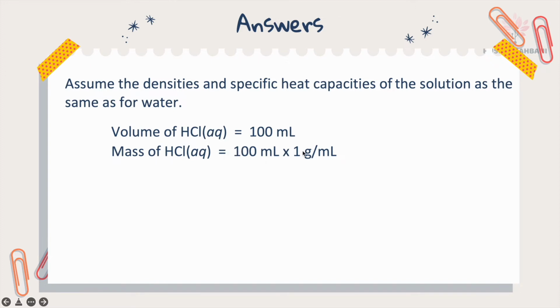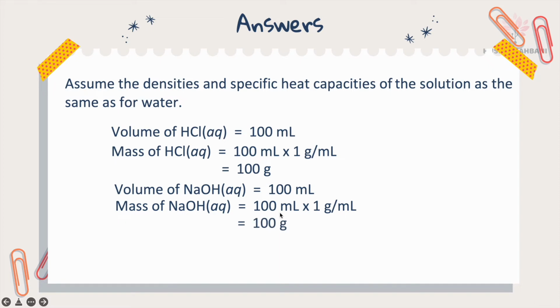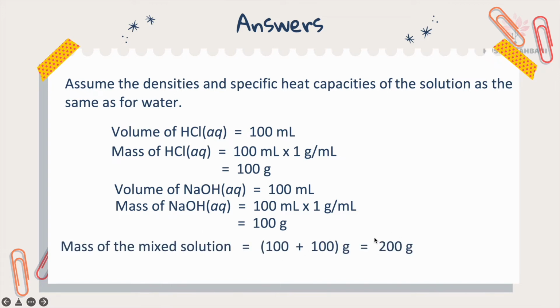So we times by 1 gram per ml, so the HCl mass will be 100 gram. Same goes for sodium hydroxide, you have to convert into gram, it will be 100 gram. So mass of solution is the mass of HCl plus mass of NaOH. So the total mass of solution will be 200 gram.